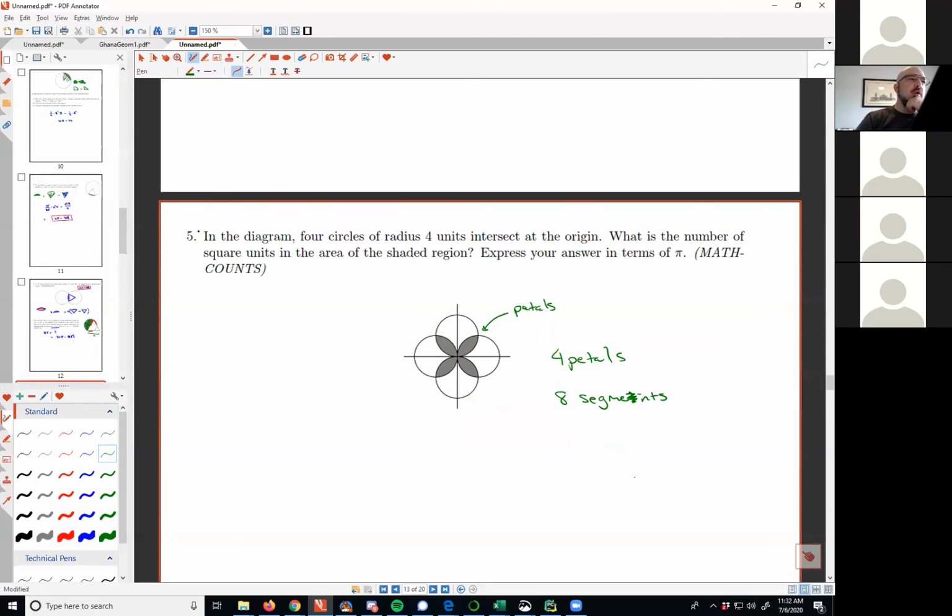So what is the area of one of those segments? How many degrees in each segment? 90. They are 90-degree segments.